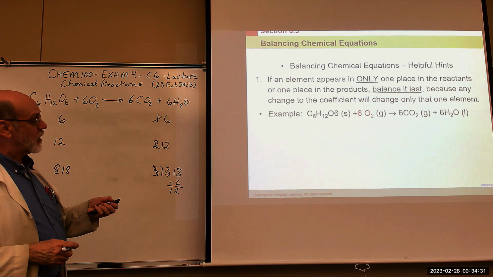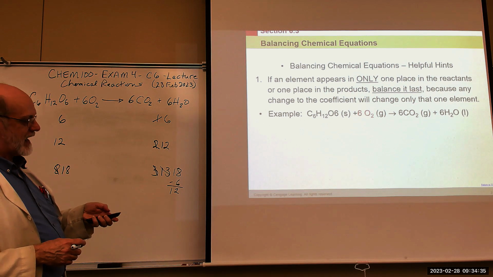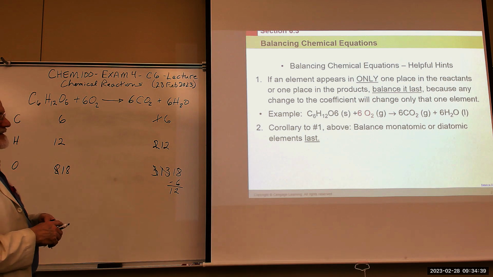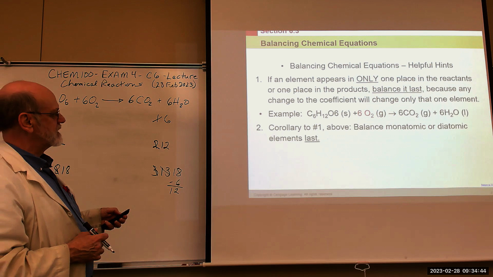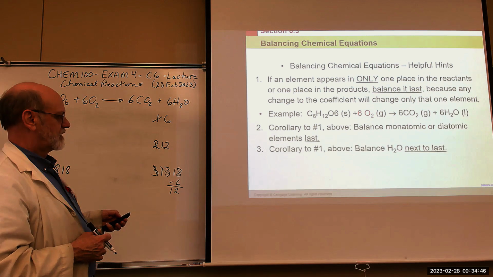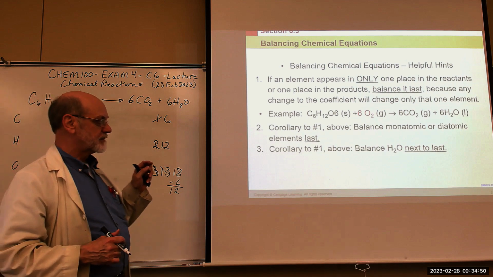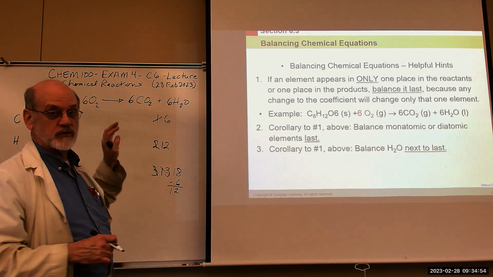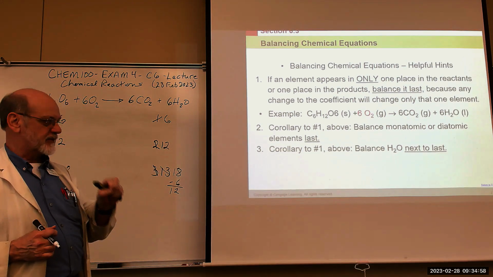And the first trick on the list, or the first hint, is save that one till last. Very often it's also good to save water to last if you can, but definitely save the elements to last.